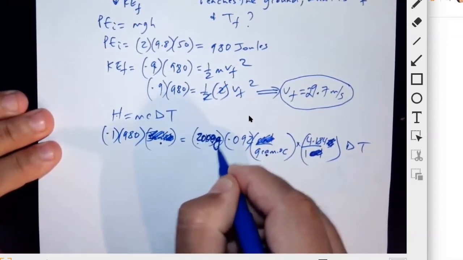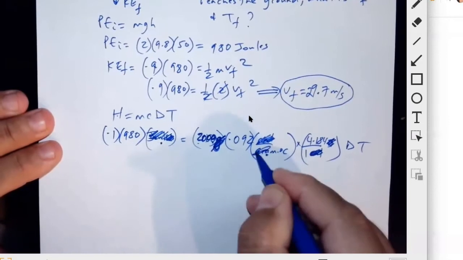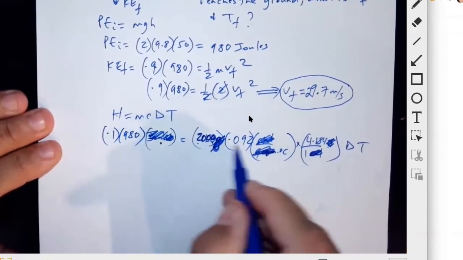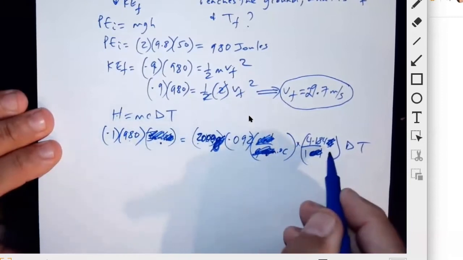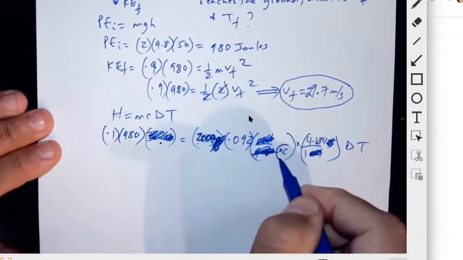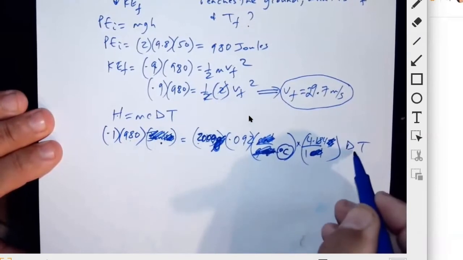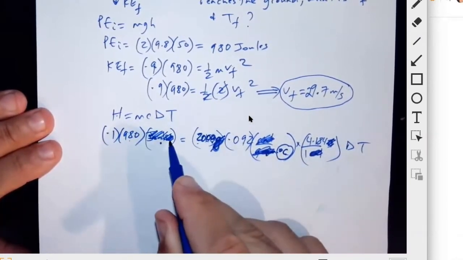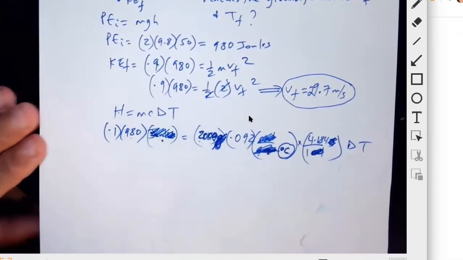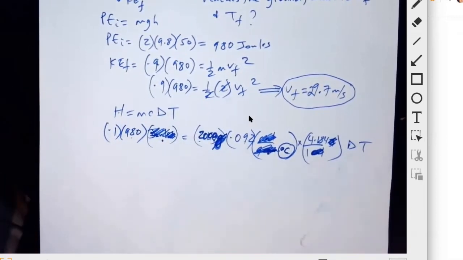So gram cancels the gram, and now everything is gone. The only thing left is the Celsius. So when we calculate delta T, the Celsius goes up over there, cross multiplies, and gives you the answer in Celsius. So let's see what that is.